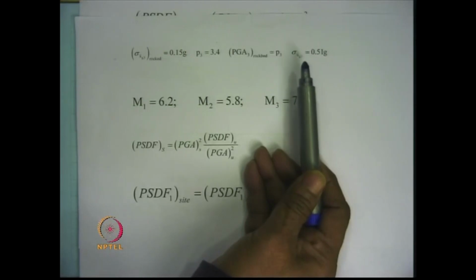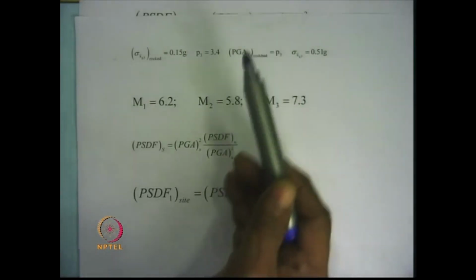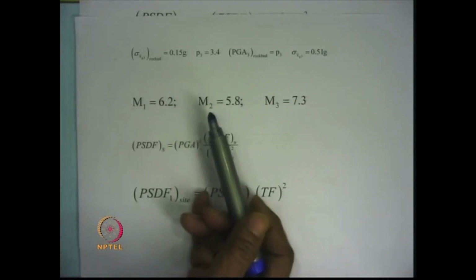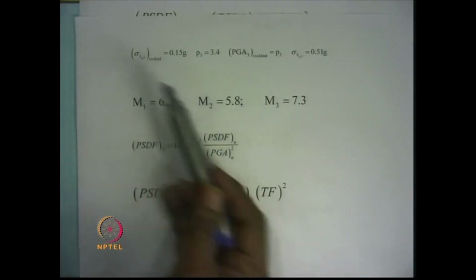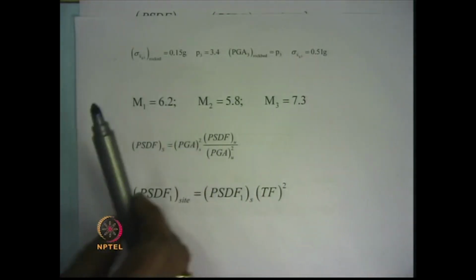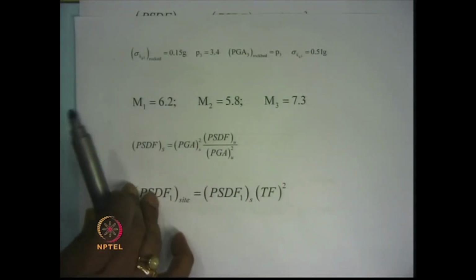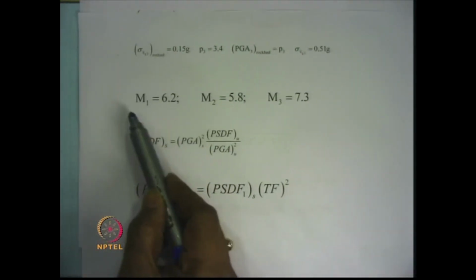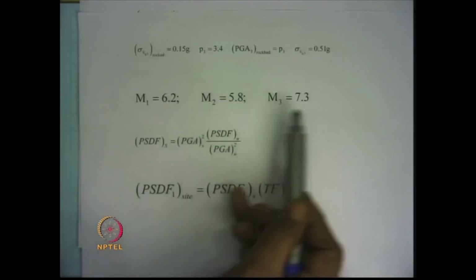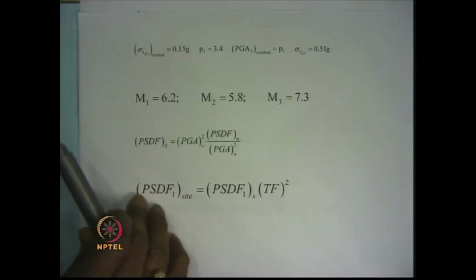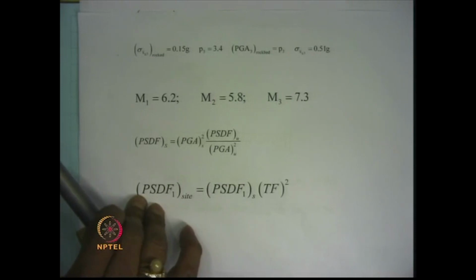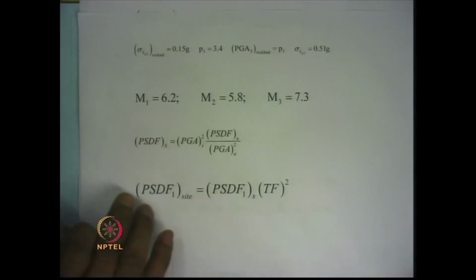Now, once we know the peak ground accelerations for the 3 sites at the rock bed level, and we use their epicentral distance, then using the epicentral distance and the peak ground acceleration, one can calculate the magnitudes of earthquake for which these power spectral density functions were obtained for sites 1, 2 and 3 at the surface level.